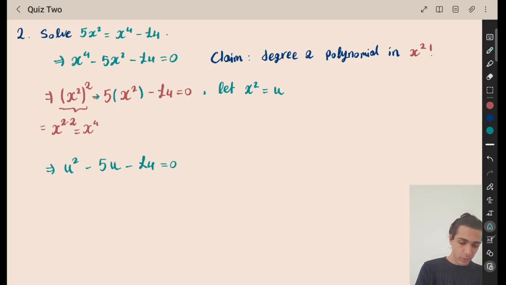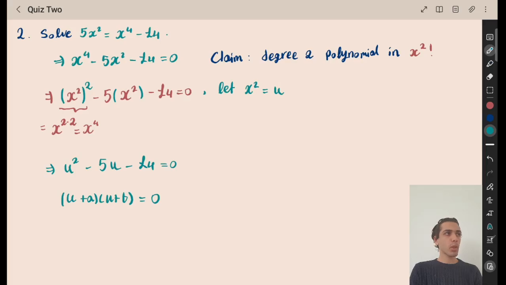To emphasize what we've just done, I put these brackets. And this is easy. So you're looking for two numbers. We can write this as u plus a, u plus b. We can factorize it by the fundamental theorem of algebra. And then we can find a and b.